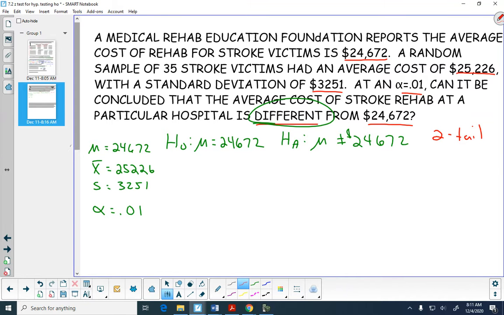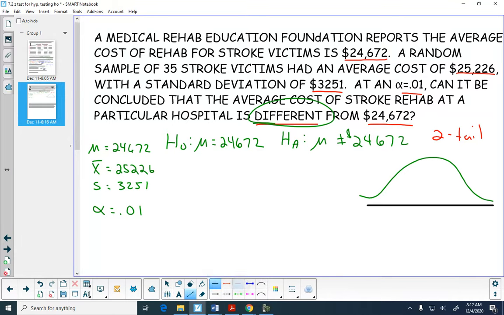So we have a two-tail test. So the next thing that we can do is draw our bell-shaped curve. We can put our two tails in here, which are our critical values.